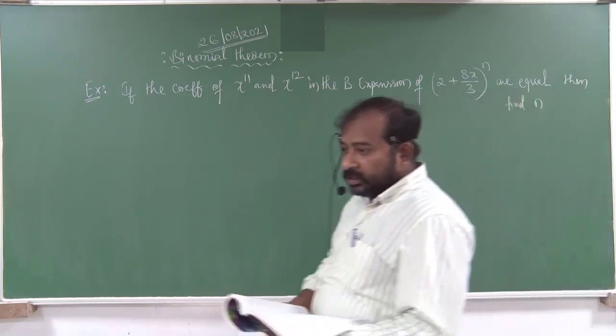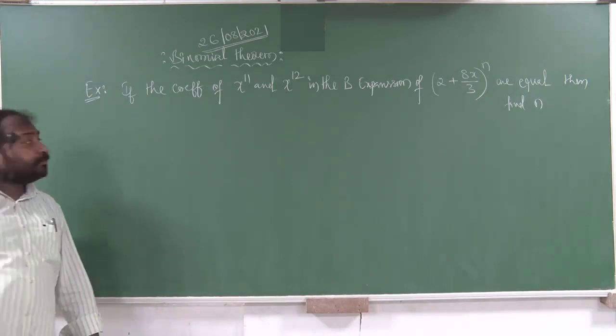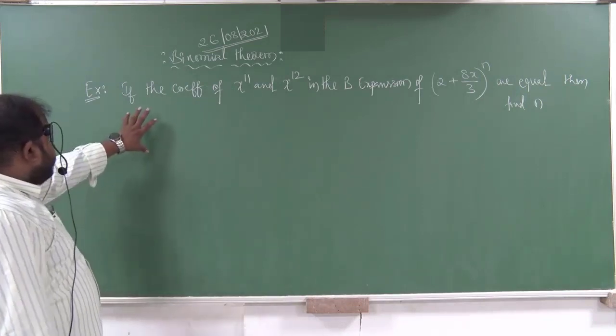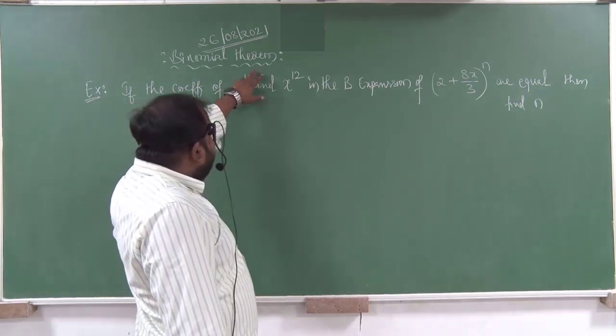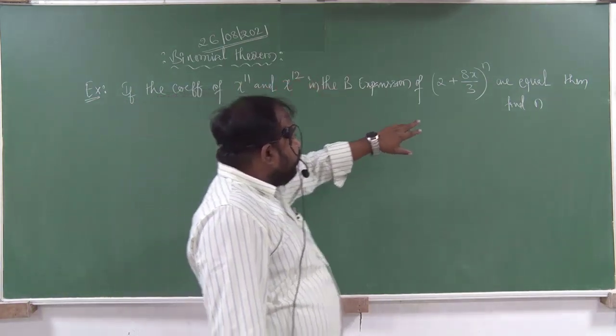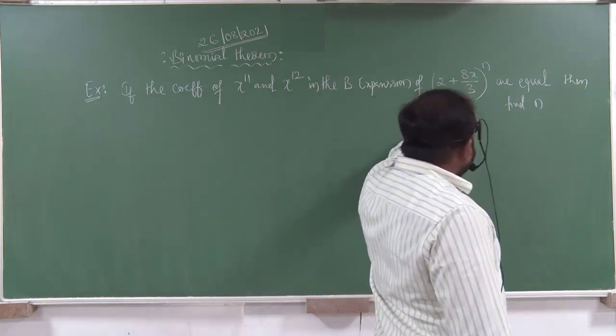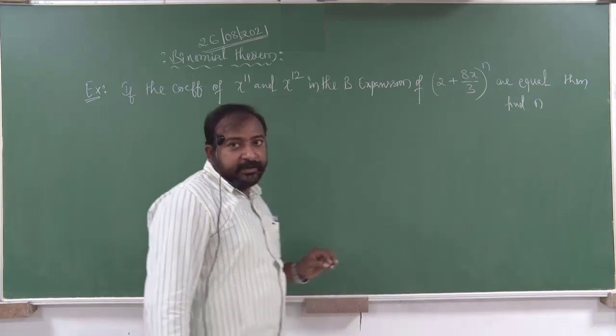So this is one more model in the binomial theorem. Here according to the data, if the coefficients of x power 11 and x power 12 in the binomial expansion of (2 plus 8x by 3) whole power n are equal, then find n. So one expansion they have given.